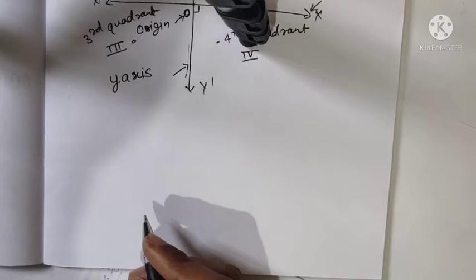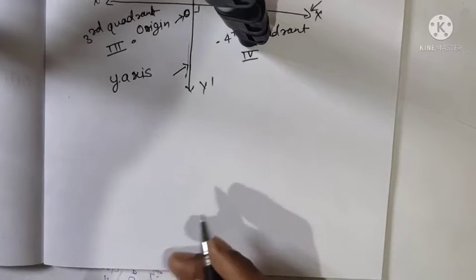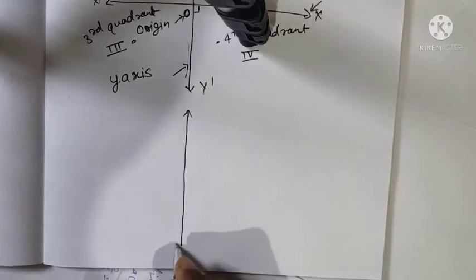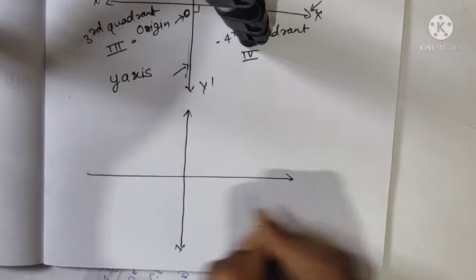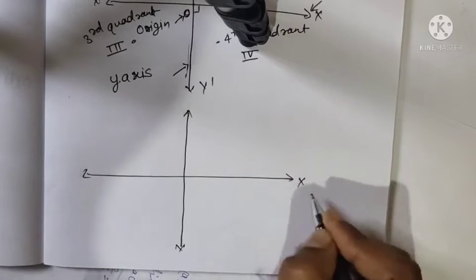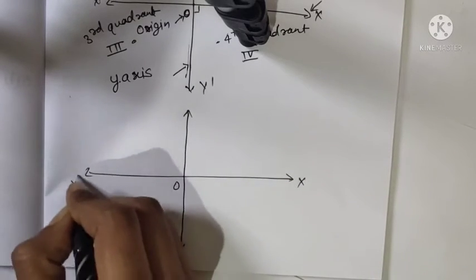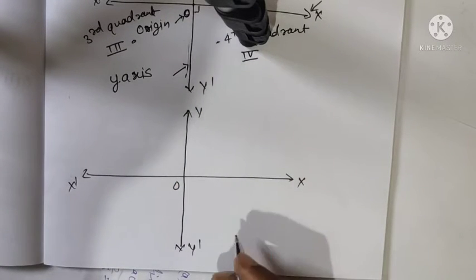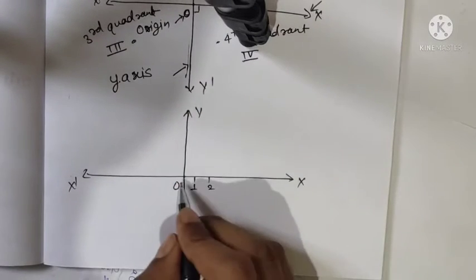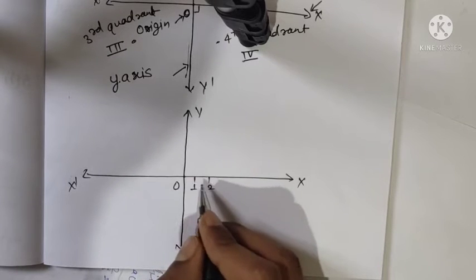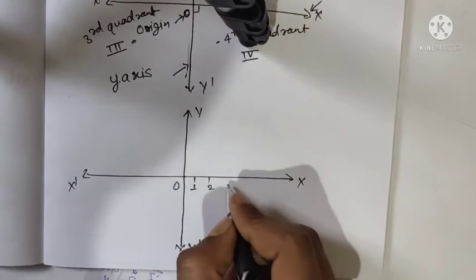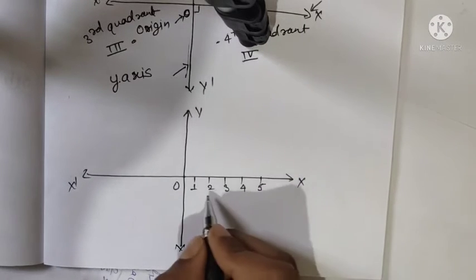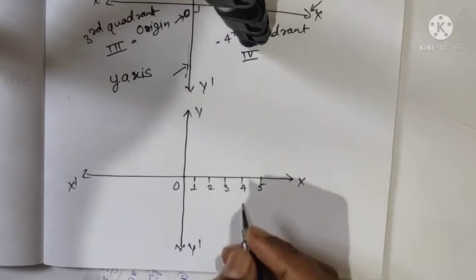Simple. Now let us build up some more concepts in a Cartesian plane, X'OX and Y'OY. When we go right from the origin on the x-axis, then we mark them as 1, 2, 3, 4, 5 and so on, by positive numbers.